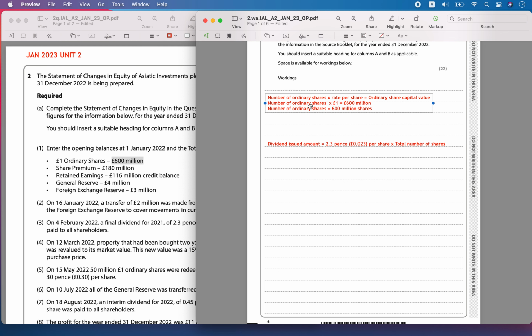Now we know the number of shares. Now let's calculate the dividend that was issued. The dividend amount issued is going to be equal to 0.023 pounds per share into 600 million, which is equal to 13.8 million.